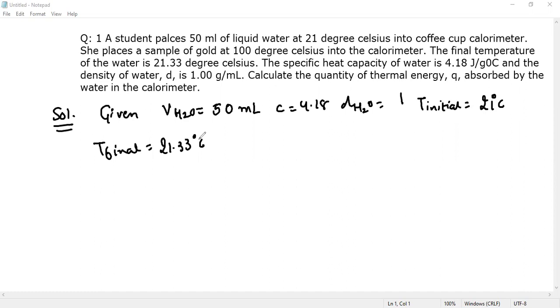So these are the things that are given to us. What we want to find is Q. So what is required? I will just write here, required is Q.